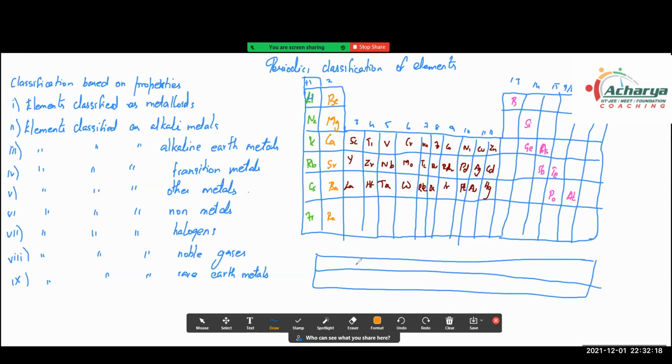So these are metals on the non-metallic side, and there are totally 7 of them, which are going to be aluminum, gallium, indium, thallium, lead, and bismuth.